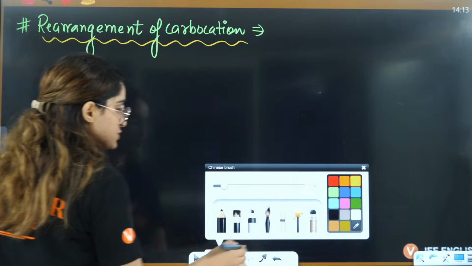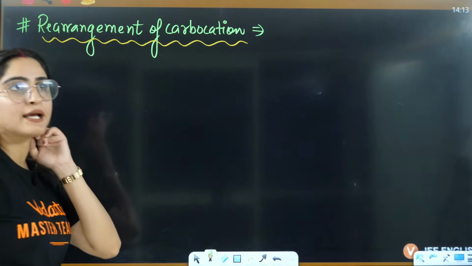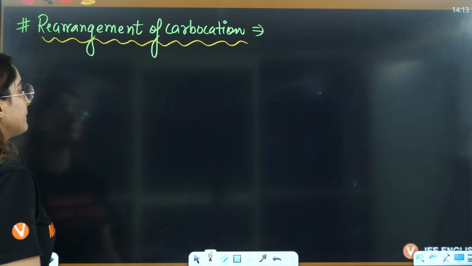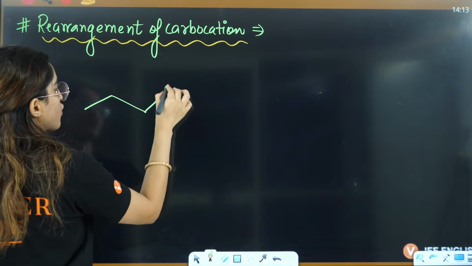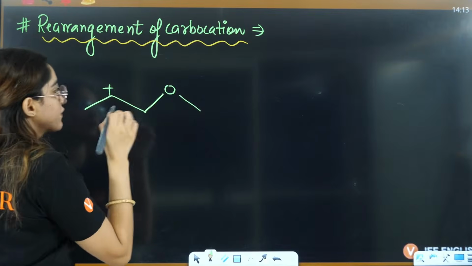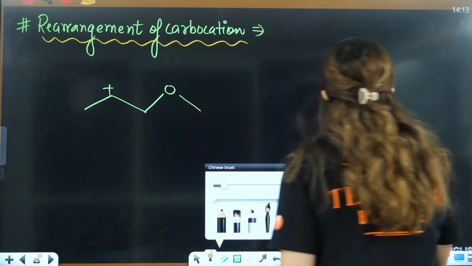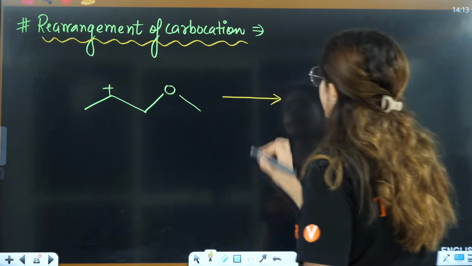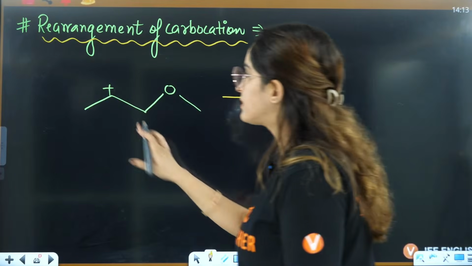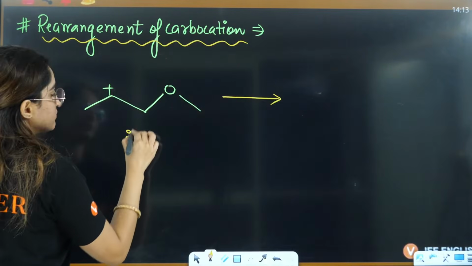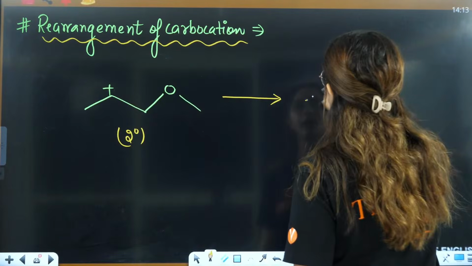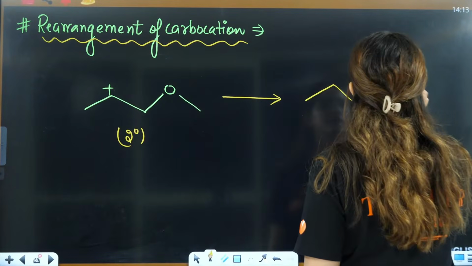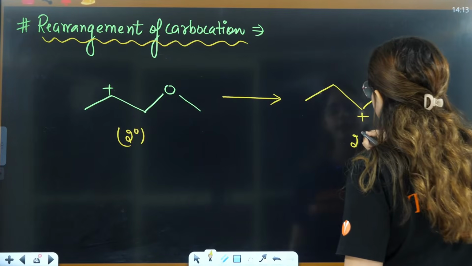let's say, guys, you have this compound here, that is oxygen. This is positive. Now tell me, is there any shifting required? This is 2 degree. But ma'am, if we shift it here, this will also become 2 degree.